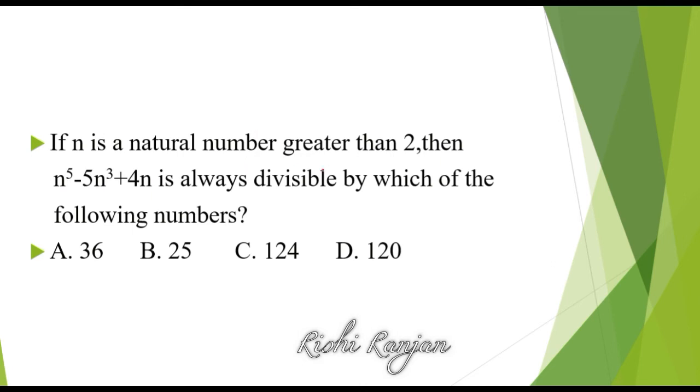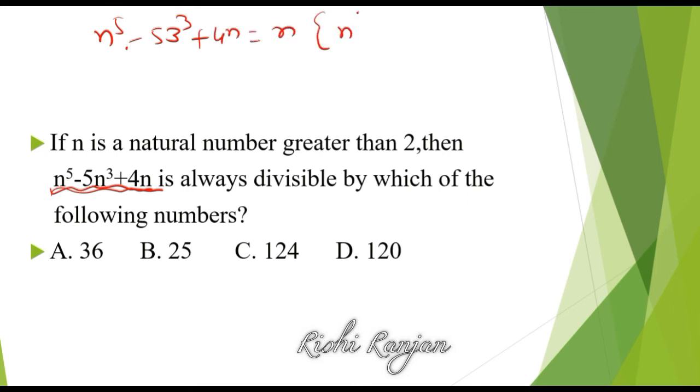If n is a natural number greater than 2, then n^5 minus 5n^3 plus 4n is divisible by which one of the following numbers? Now for this type of question, first I have to arrange it. So let me arrange it properly: n^5 minus 5n^3 plus 4n. Let me take n common.